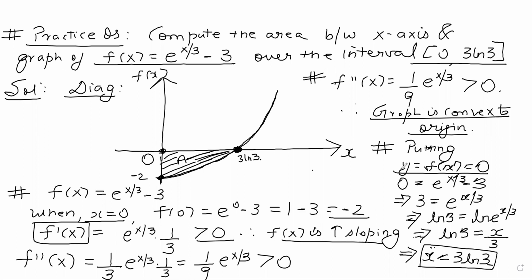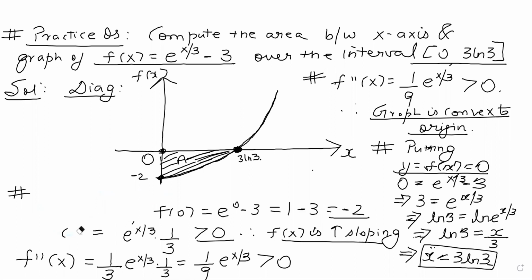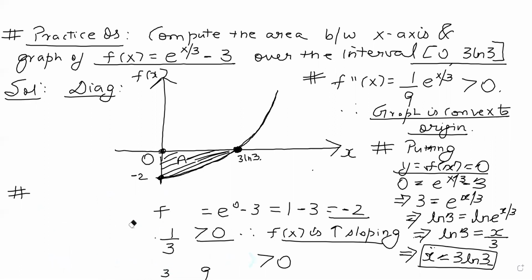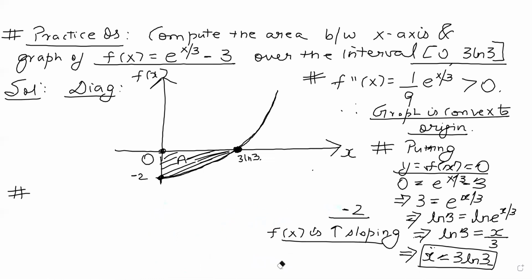Now, how will we find the area? If I erase this particular part, we have just done the formula, guys, for finding the area. So let's now find the required area. Okay, so let's apply the formula which we have done.